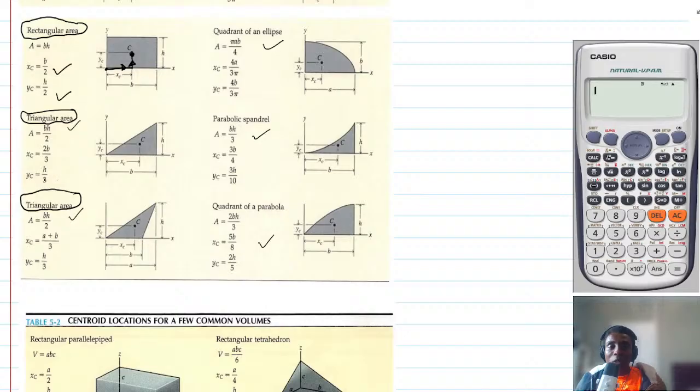Whenever you have a triangle and you take one side as the base, there is always the base and then the height. So if I stand at the base, there is a formula here which is h/3.